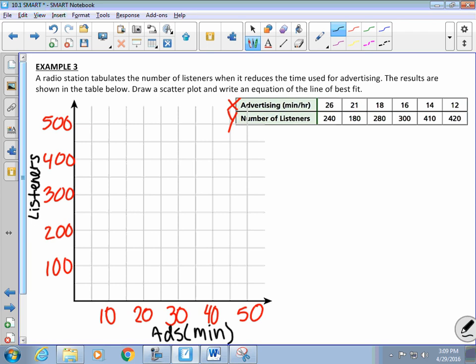So when I played 26 minutes, so here's 25 right here, 26, I had about 240. Keep in mind a scatter plot's not going to be perfect. When I had 21 minutes, I had about 180 listeners, so that would be right about here.